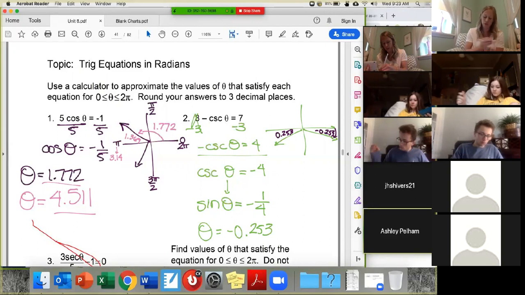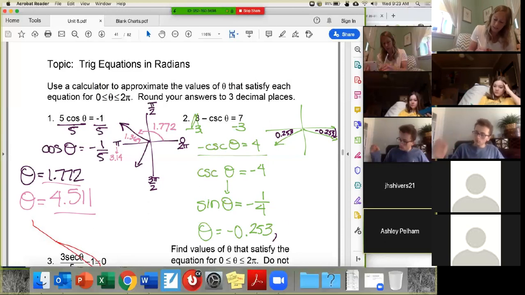And what am I going to do to get my second answer? Pi plus that. Pi plus, and then this one I'm not going to use my answer button because my answer was negative. So I'm going to say pi plus 0.25, and I'll go like 268 when I type it in or something just to give myself a couple extra digits so I'm not messing with the rounding.